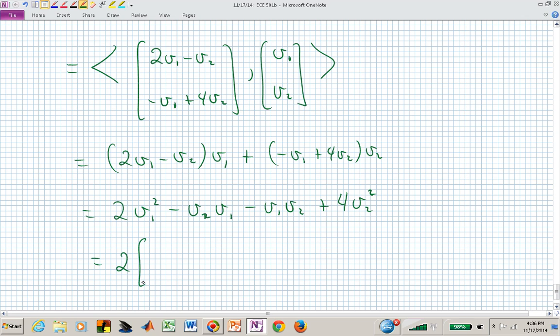Let me factor a 2 out of there since that's in all of those pieces. I now have v1 squared minus v1 v2 plus 4 v sub 2 squared.